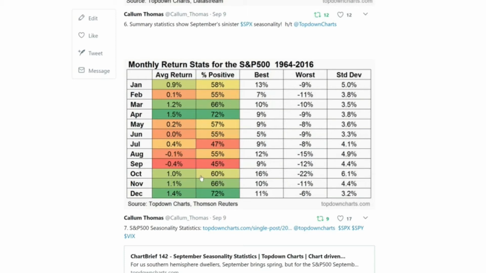That's something to really bear in mind, particularly on the back of the expected negative seasonality in September, which lines up with a long list of potential bearish catalysts and those other bearish signals that we talked about earlier.